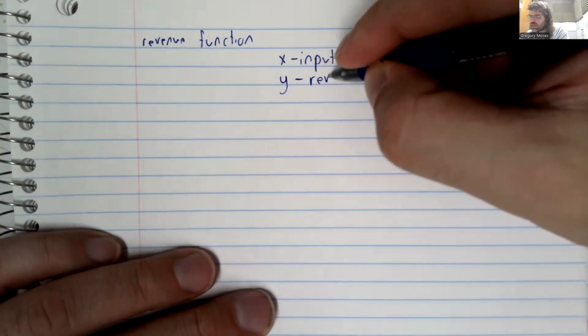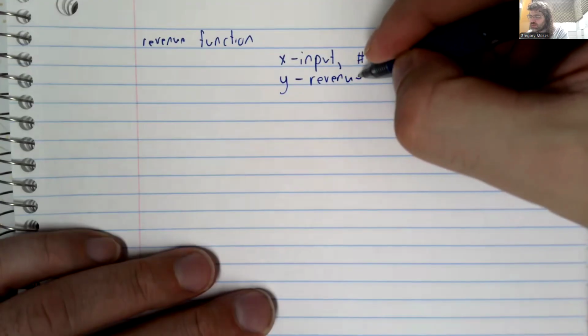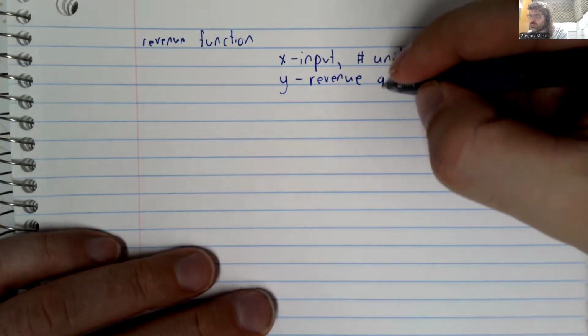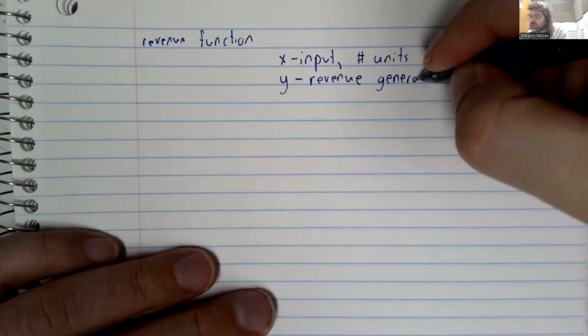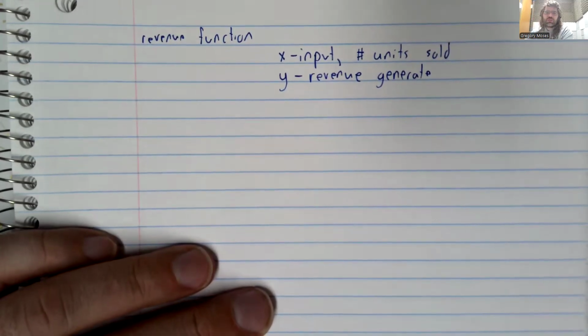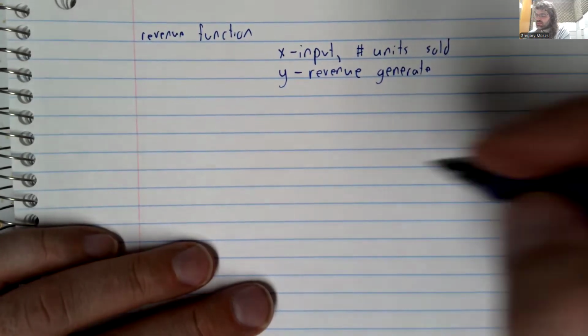And y is the revenue you would generate from that sale.